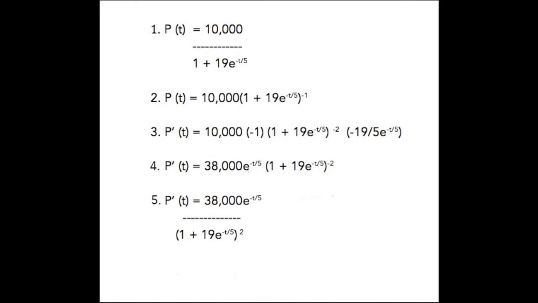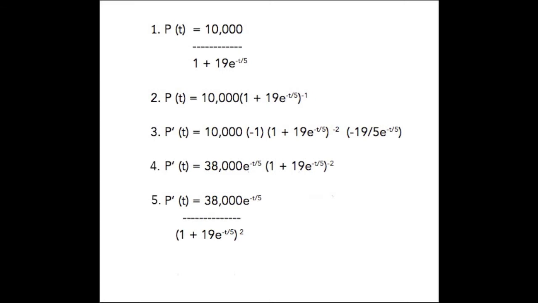Okay, first we have our initial equation, 10,000 over 1 plus 19e to the power of negative t over 5. So first we have to move the denominator to the numerator, to be 10,000 times 1 plus 19e to the power of negative t over 5, to the power of negative 1.